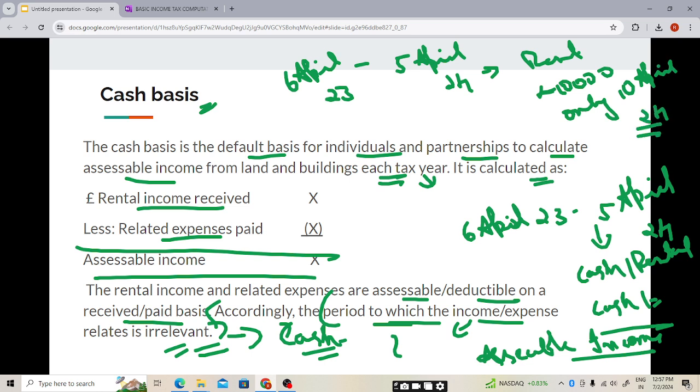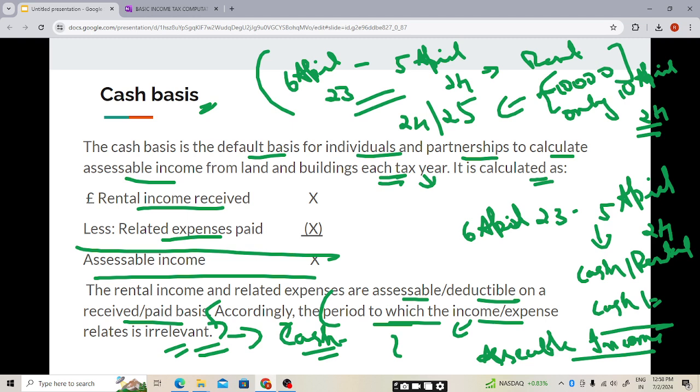Under the cash basis, when will the £10,000 be taxed? In the next tax year, 24-25, because you have not received this amount in the current tax year. It is this year's income, but it will be taxed next year, because under the cash basis we tax it when we receive it.